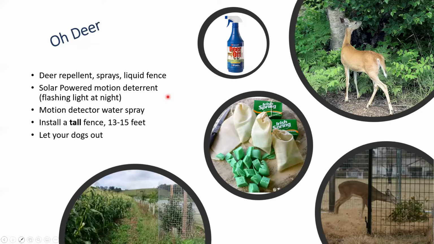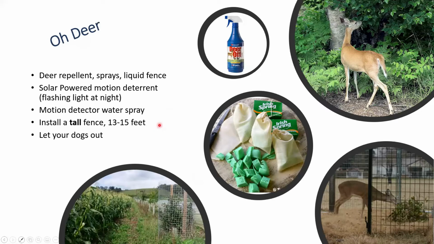I've heard that they do eventually get used to it, so you have to move them around and make it so they can't predict it. And the light motion detector, if you have it near a window, might shine into the house in the middle of the night or give you a flash.